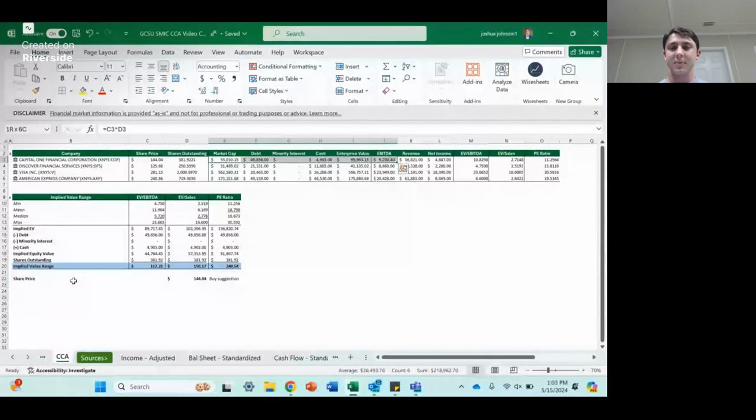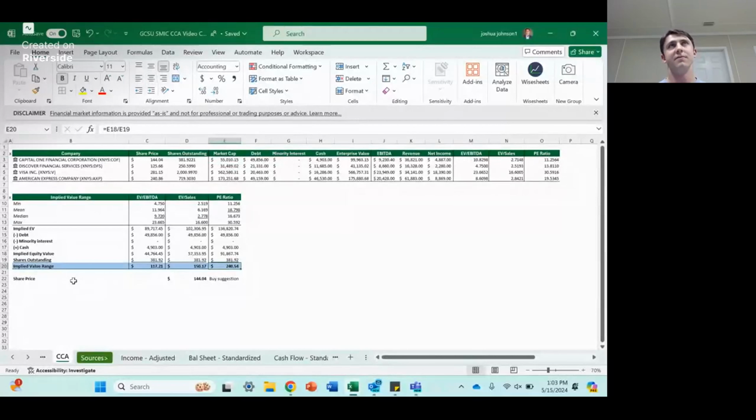And so, again, when calculating these financials, you really want to use the same source every single time for all of these. Typically you're going to use Bloomberg, but today I didn't have access to Bloomberg, so I could only use that for Capital One. But those are the 4 or 5 steps of finding a valuation range.